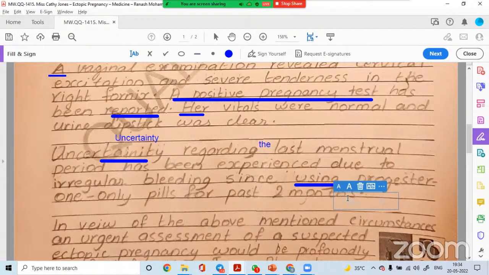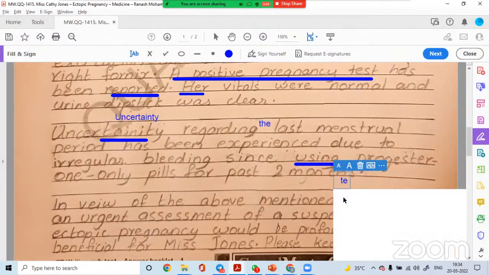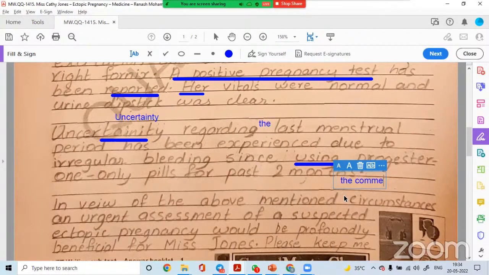When you say since the starting time, you have to say since the commencement of progesterone only pills. Is that clear? Yes, sir. Progesterone, you cannot break it like this. You can make progesterone like that, and bring the letters "rone" here.